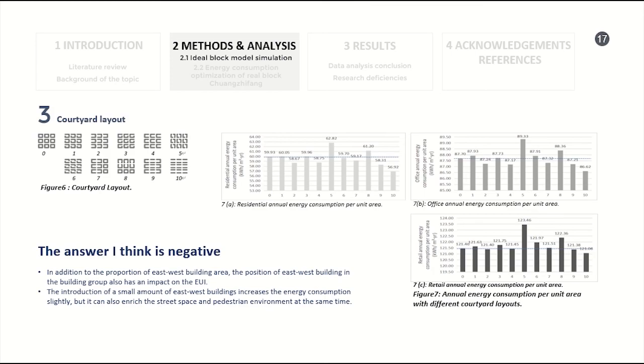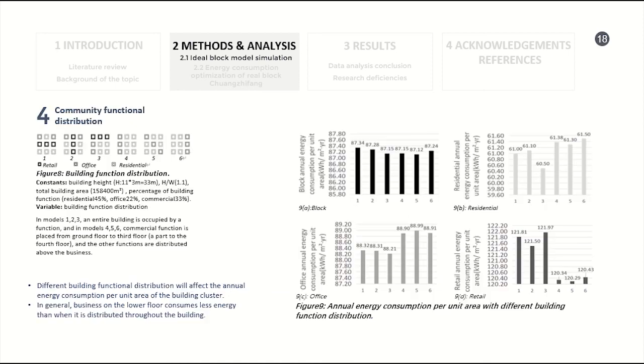The answer, I think, is negative, because the position of east-west building in the building group also has an impact on the EUI, and the introduction of a small amount of east-west buildings increases the energy consumption slightly, but it can also enrich the street space and pedestrian environment at the same time.